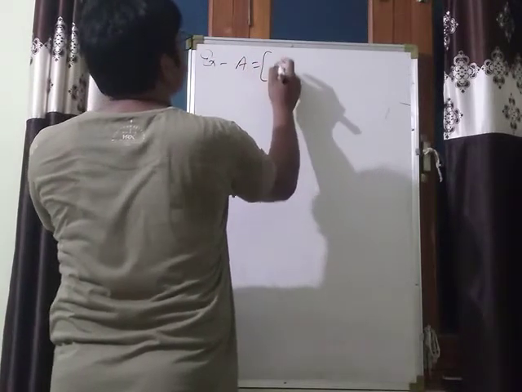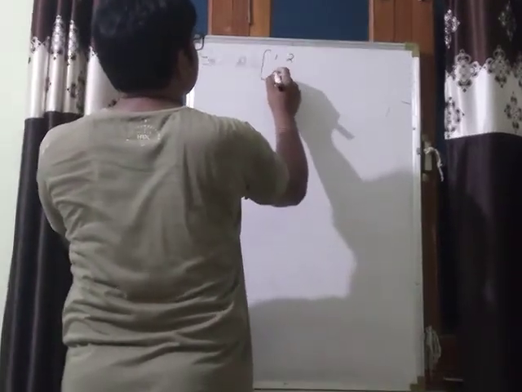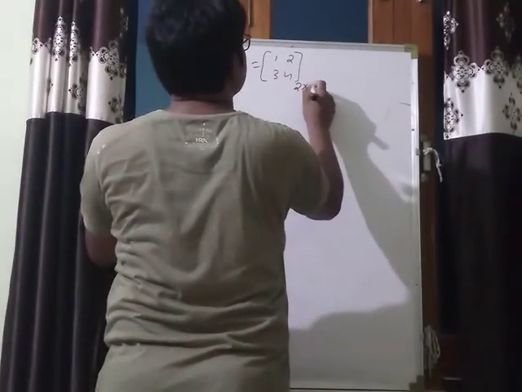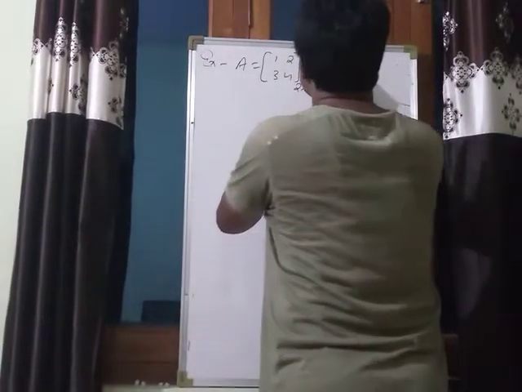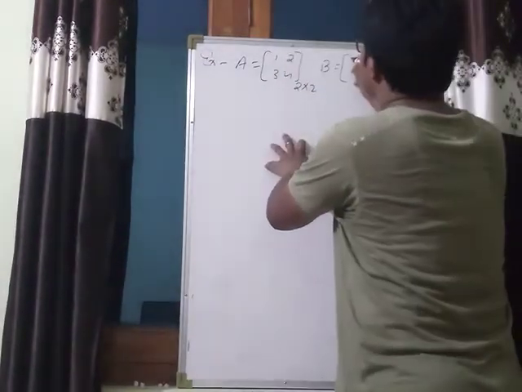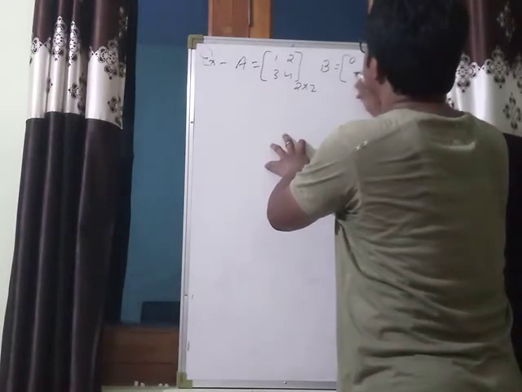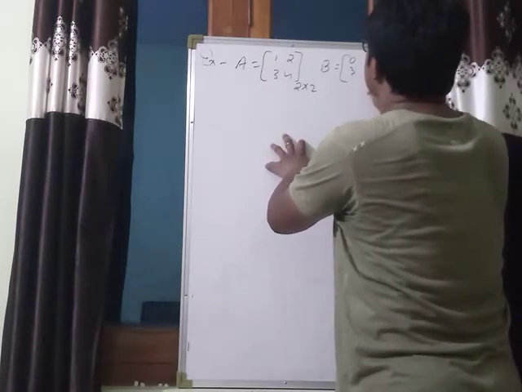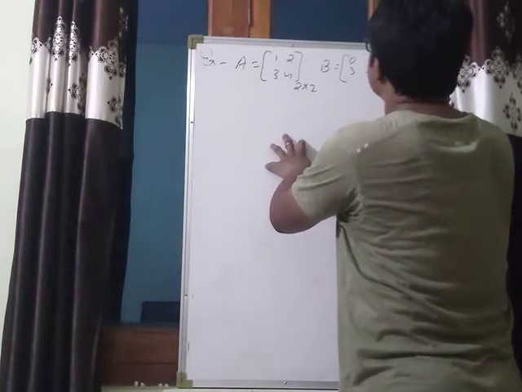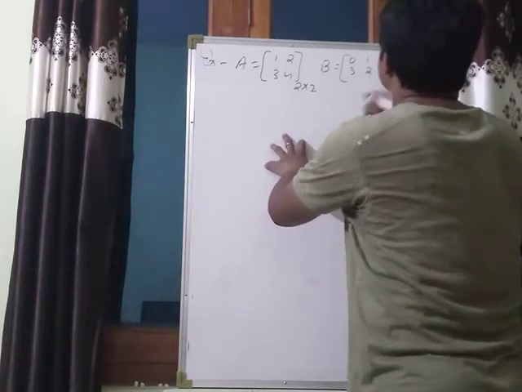A is 1 2 3 4. This is a 2 by 2 matrix. B is 0 1 0 3 2 1. This is a 2 by 3 matrix.